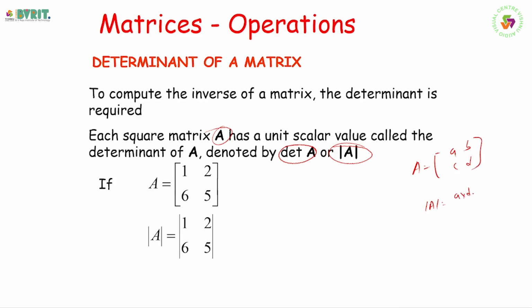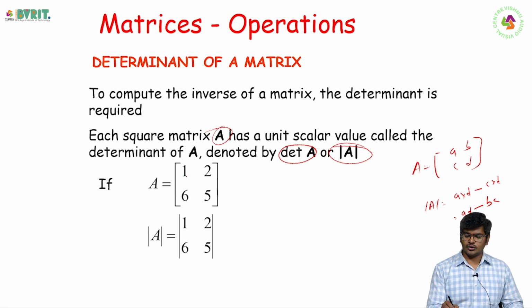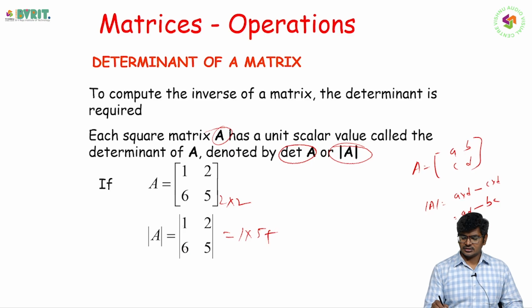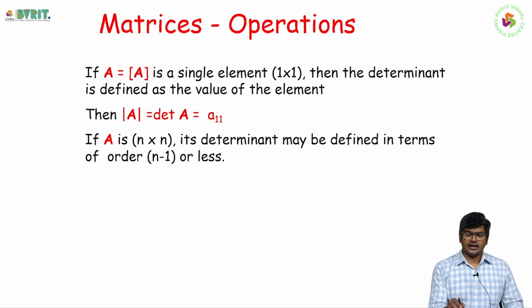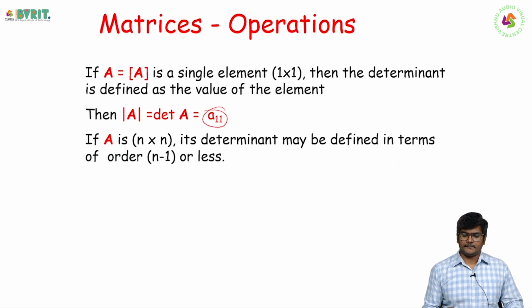A into D minus B into C, that is AD minus BC. For example, det A is 1, 2, 5, 6. What is the determinant? 1 into 6 minus 2 into 5, that is 6 minus 10.